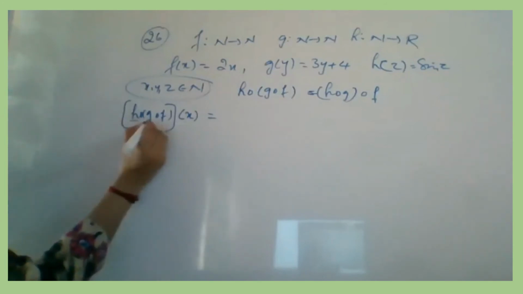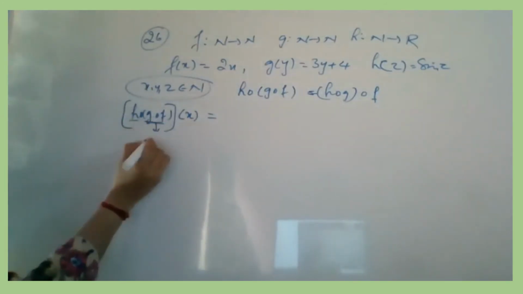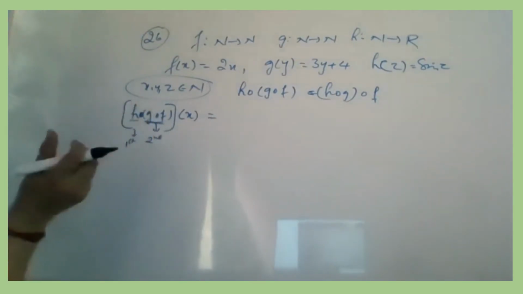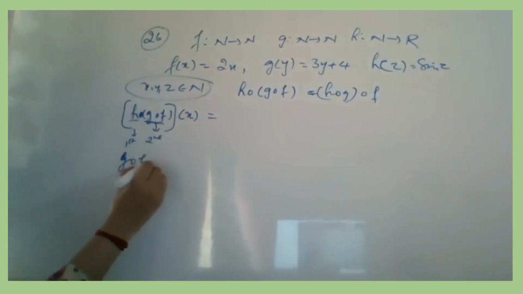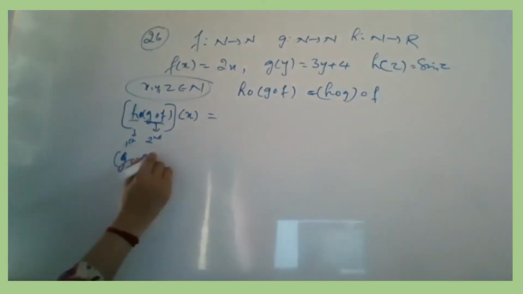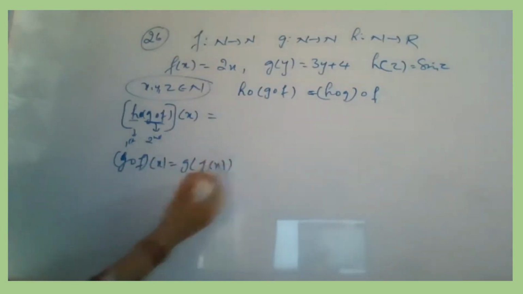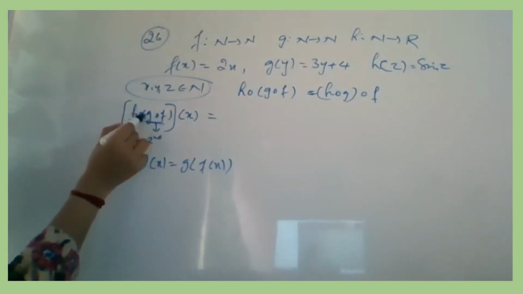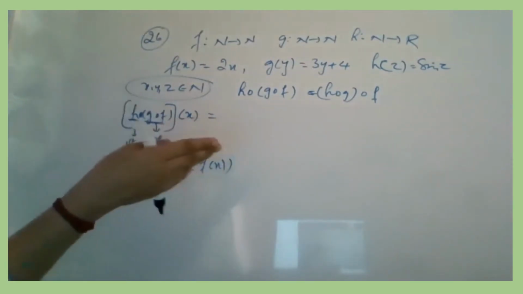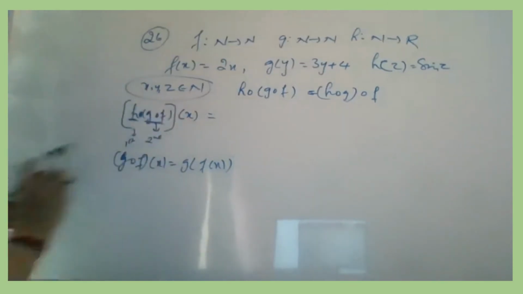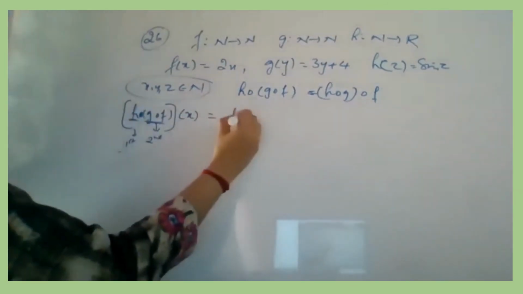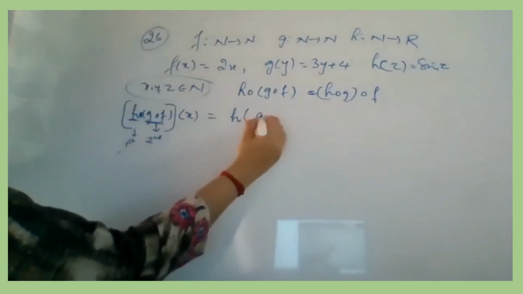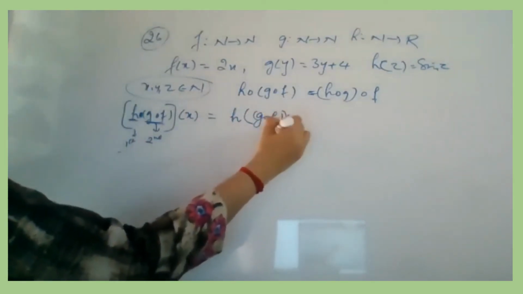First I will take g composition f as one function and h as another, so that I can first apply the composition. I know that g composition f of x will be g of f of x. But for three functions, I don't know how. So I take this as one function, with the composition between them, and then apply again. Just as we write g of f of x, here it will be h of (g composition f) of x.